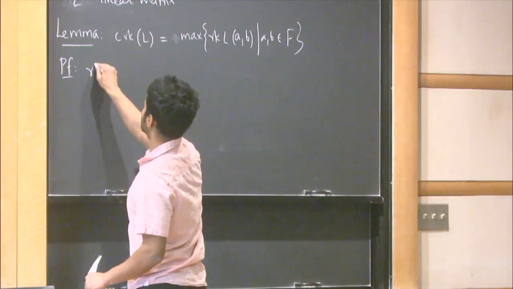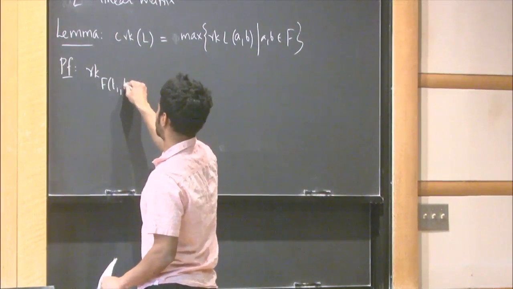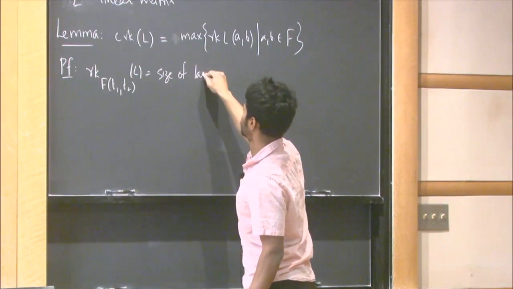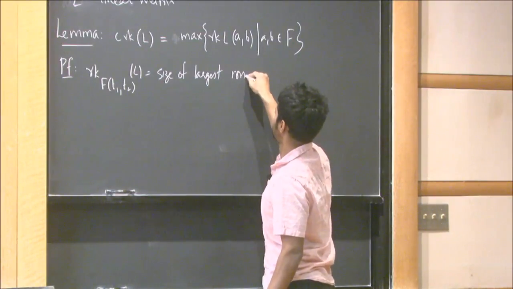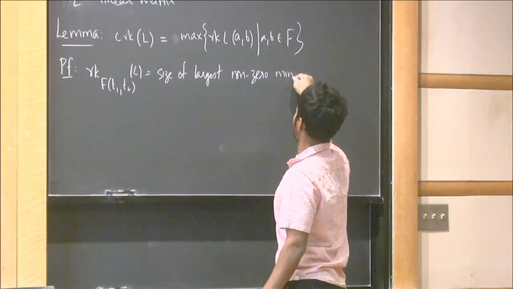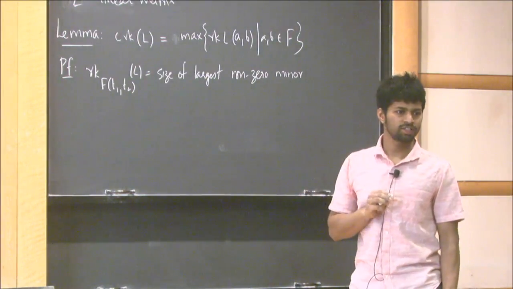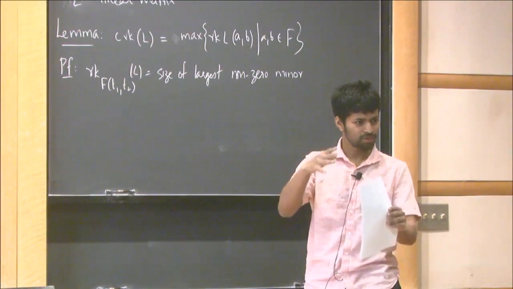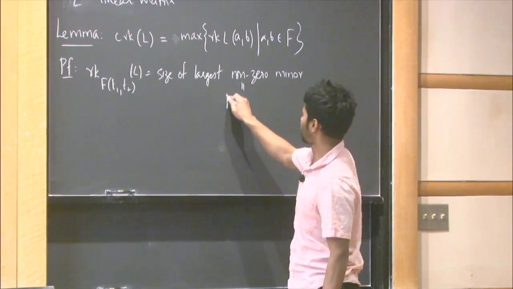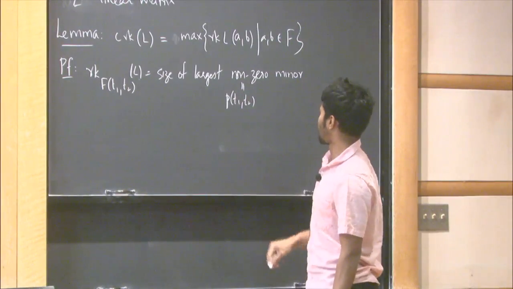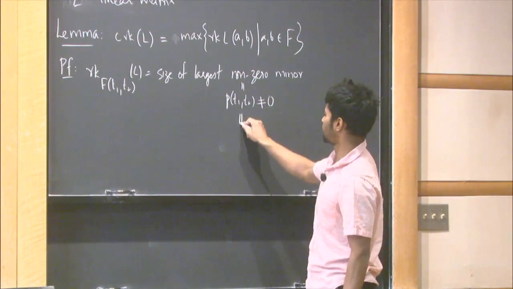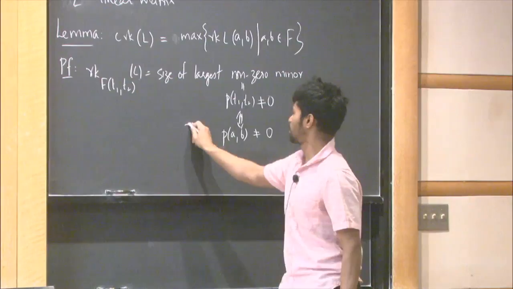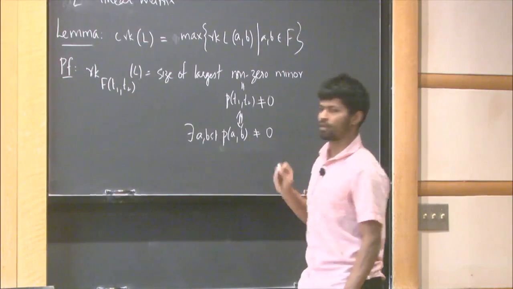Okay, so this is the definition of commutative rank, which is going to be the size of the largest non-zero minor. And this minor is a polynomial because the entries of L are linear functions. So you take a minor, and it is a polynomial in these two variables. And it is non-zero if and only if you can find some numbers to plug in to get a non-zero thing.